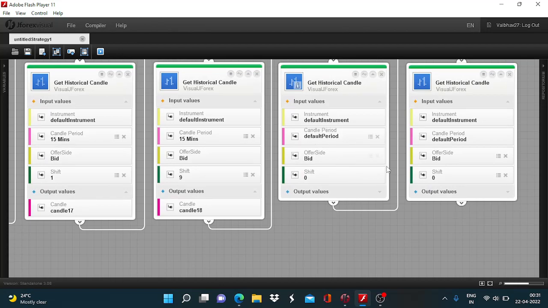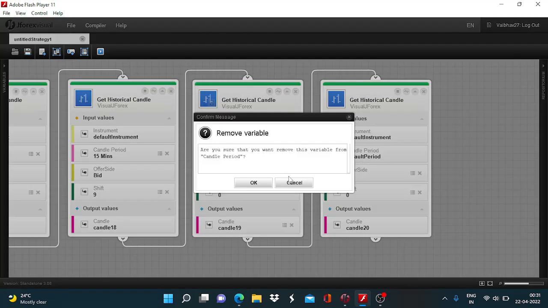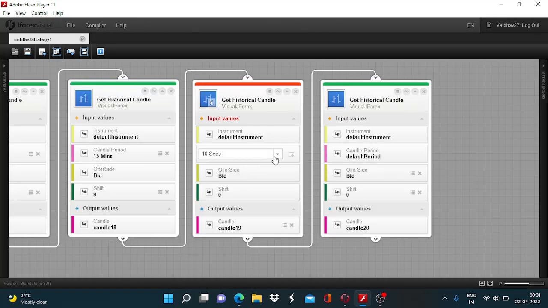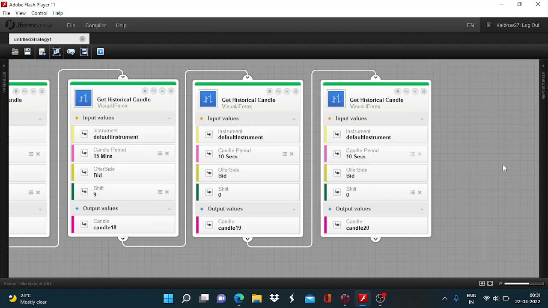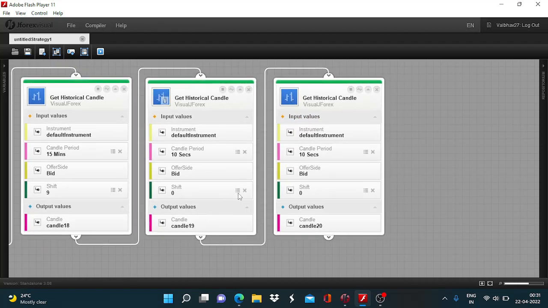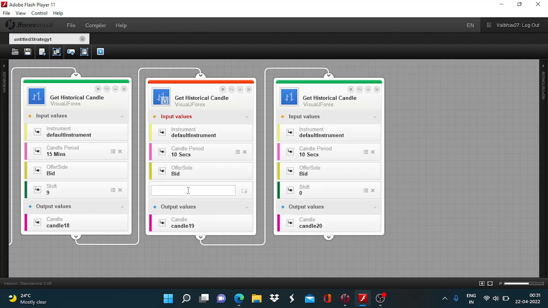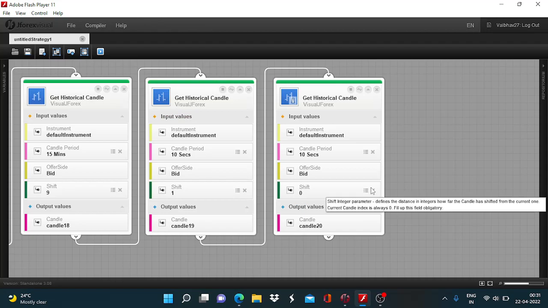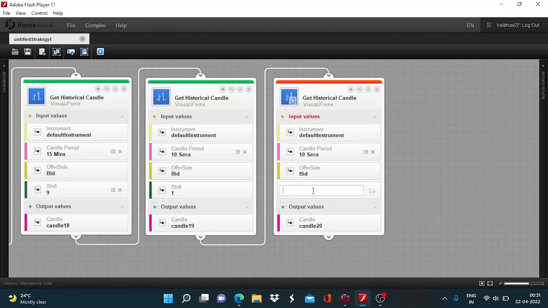Okay, and to exactly pinpoint the entry point, we will then rely on the 10-second formation. So here this is going to be 10 second, and 1 and 2.